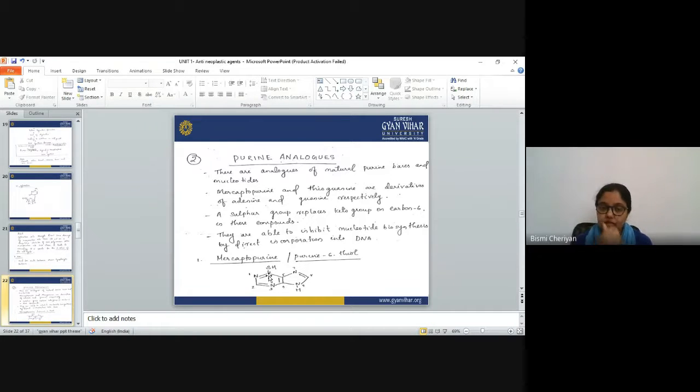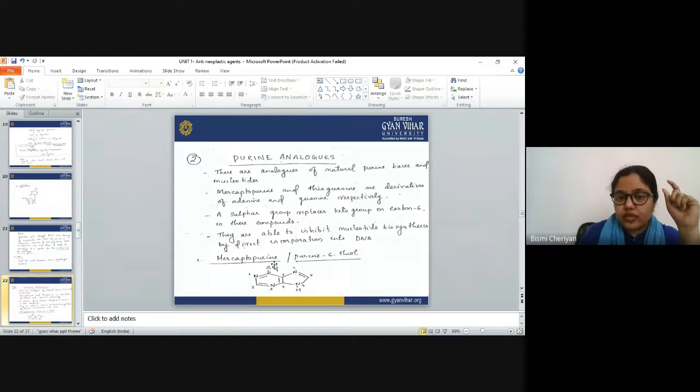So this is the structure of the purine, and we have discussed that the sulfur group replaces the keto group present at the 6th position: 1, 2, 3, 4, 5, 6th position.